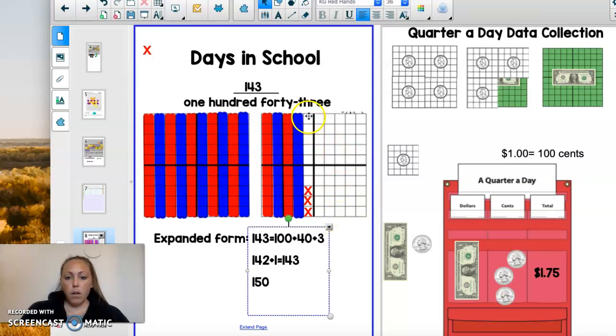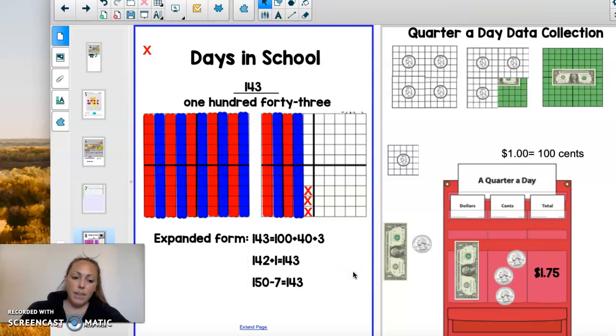That would be when we get all the way up to here. So 150, we're not there yet, so minus, let's see, minus 1, 2, 3, 4, 5, 6, 7. 150 minus 7 equals 143. So in 7 days, we'll be at 150 days of school. That's so fun. All right, now you get to write your addition equation and your subtraction equation that equal 143, and then you can post it to Seesaw if you'd like.